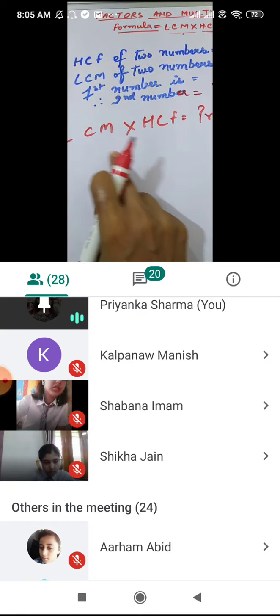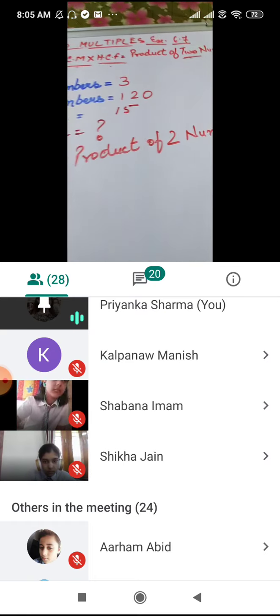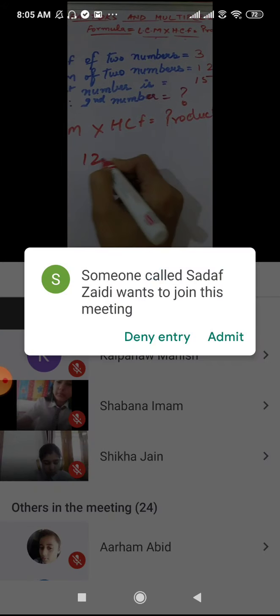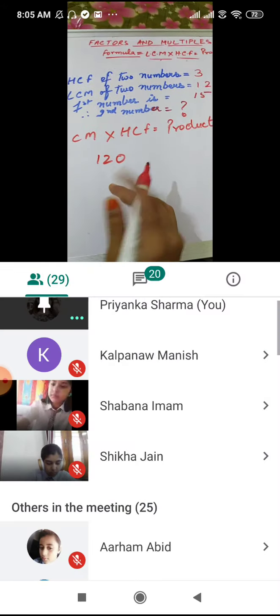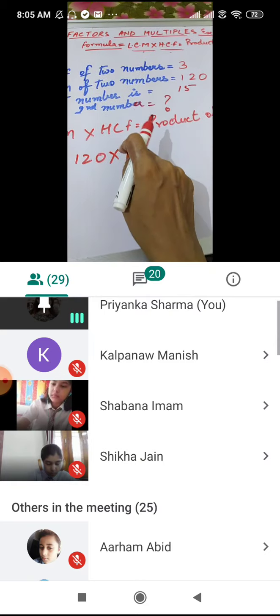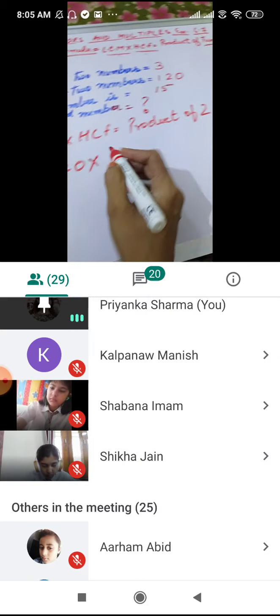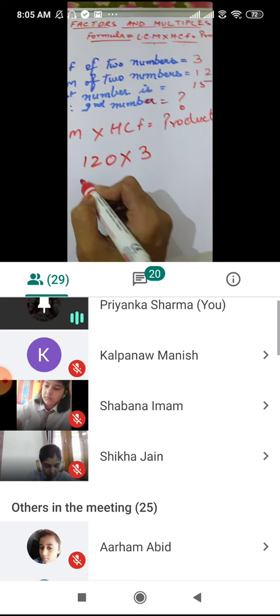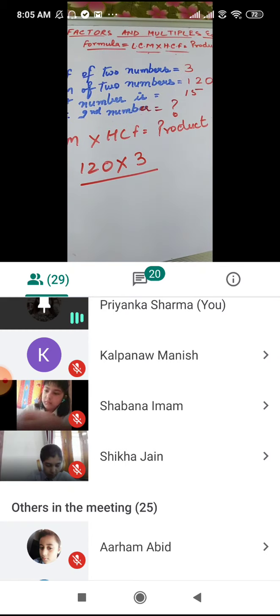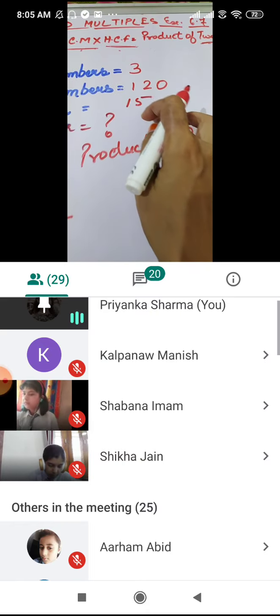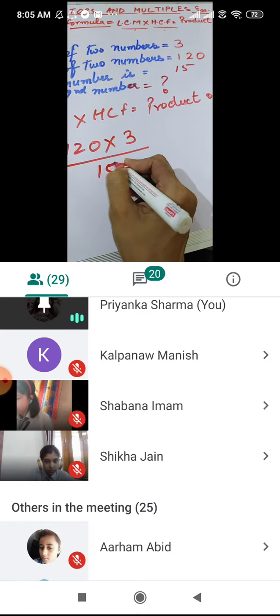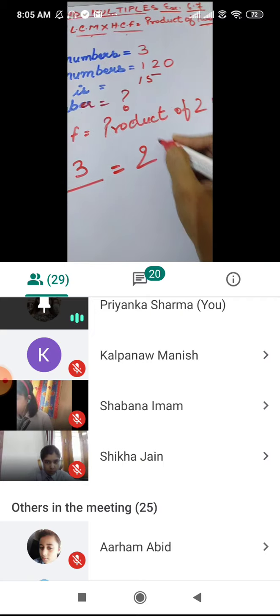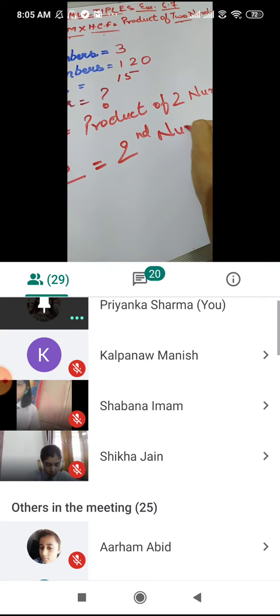So now we are going to write here in place of LCM. How much is the LCM given? 120. 120 we will write. Multiply sign. How much is the HCF given? 3. 3 we will write. Upon the first number that is already given to us, that is 15, which will be equal to the second number.